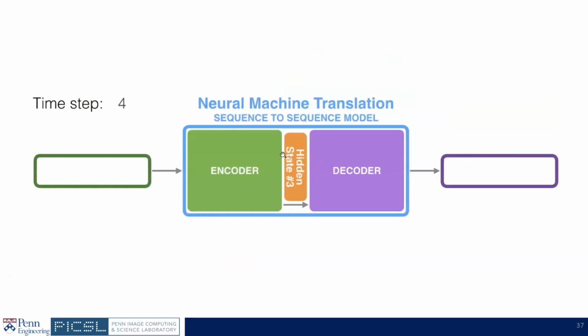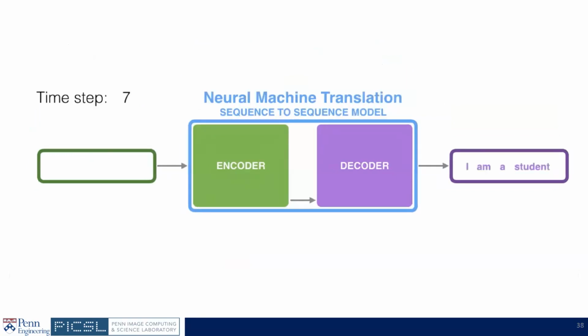Once all these three words have been processed or encoded by this encoder into hidden state number 3, now we want to decode all the information and use the decoder to produce the final sentence, right?